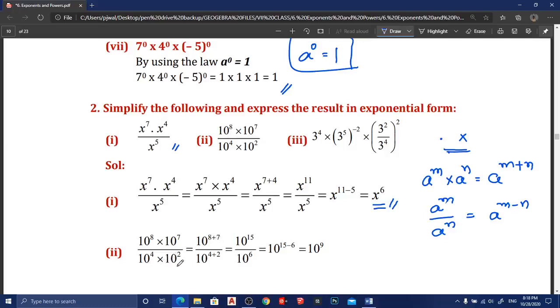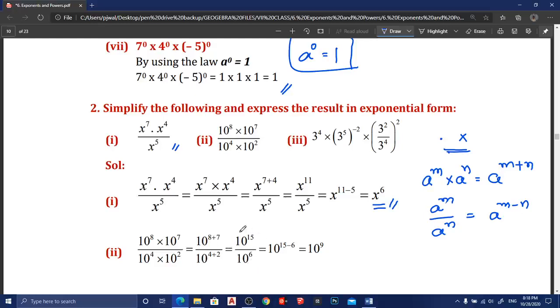Here go to the denominator, here also bases are equal, powers are different. So add the powers, use the first formula, a to the power of m into a to the power of n is equal to a to the power of m plus n. So 10 to the power of 8 plus 7 by 10 to the power of 4 plus 2. So by adding, 10 to the power of 15 by 10 to the power of 6.